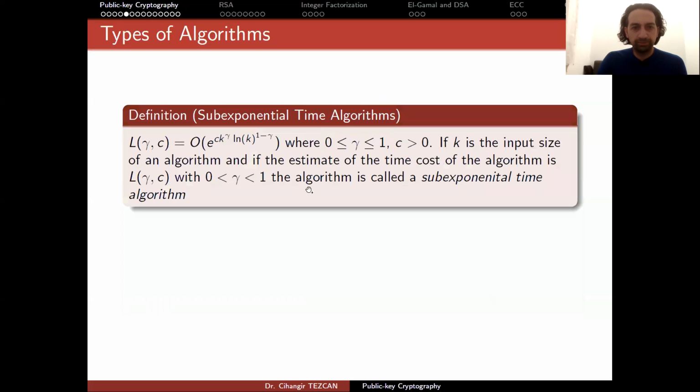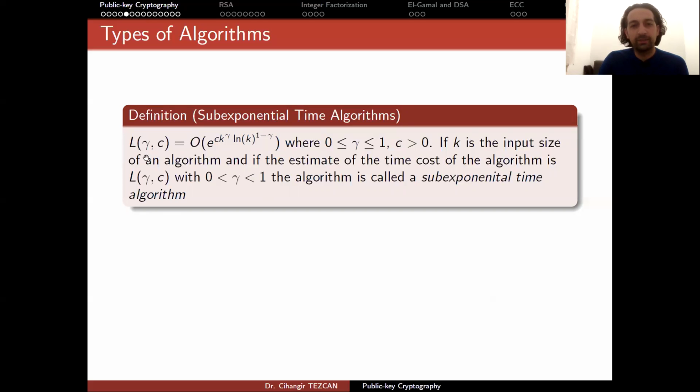Okay, so we talked about polynomial time algorithms, we talked about exponential time algorithms, but there are some algorithms between these two, and we define them as sub-exponential time algorithms. So let's denote them with L, but it takes two inputs. Actually, we define them with gamma and c.